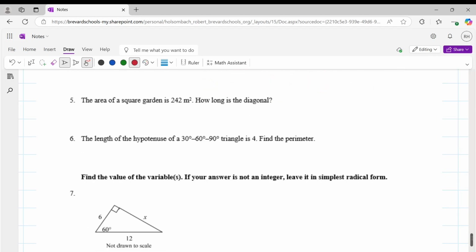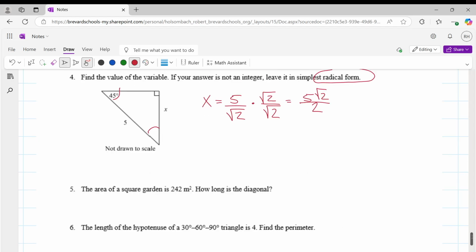Problem number 5. The area of a square garden is 242. How long is the diagonal? So if you take a square garden, if it's a square, all the sides are the same.